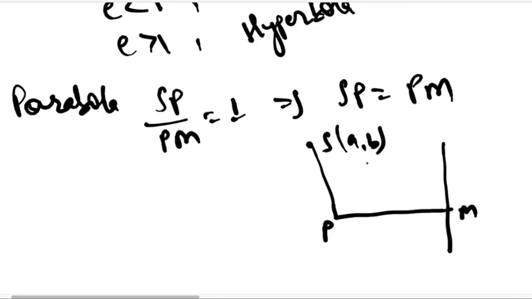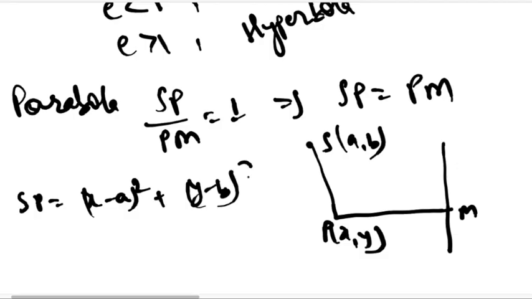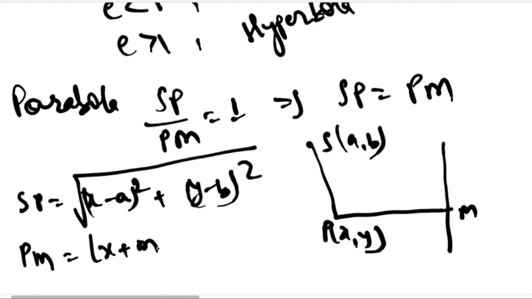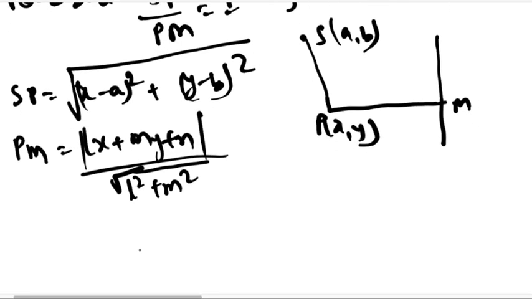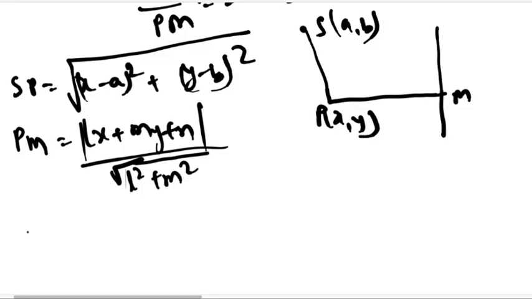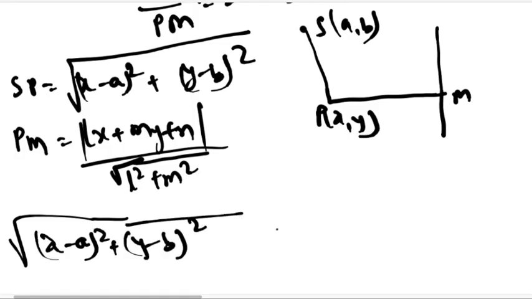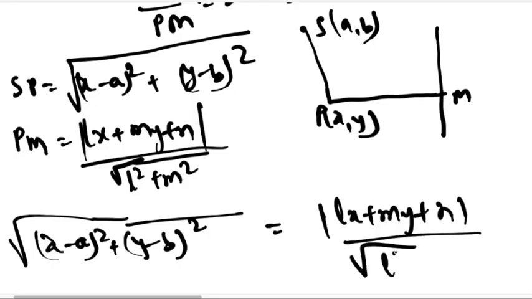If I have taken a comma b and this is x comma y, SP will be the square root of x minus a square plus y minus b square. And PM will be modulus of Lx plus my plus n divided by the square root of L square plus m square. If we equate both distances, we get the equation of the parabola in the form: x minus a square plus y minus b square equals the modulus of Lx plus my plus n divided by the square root of L square plus m square.